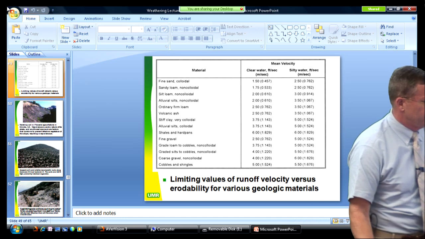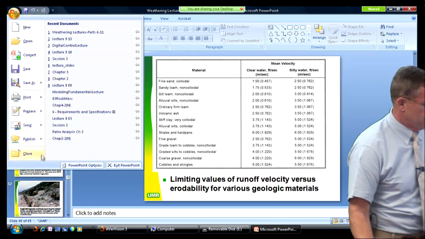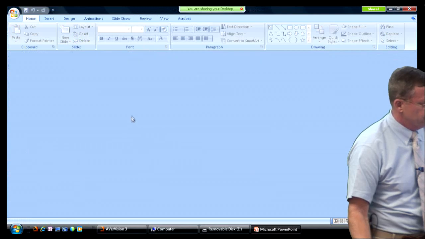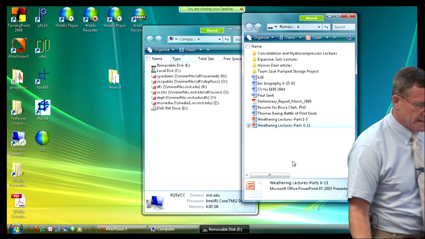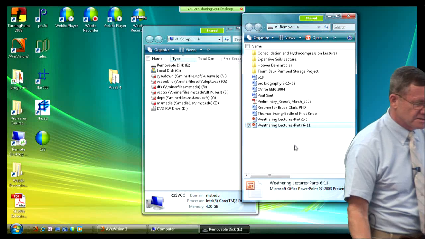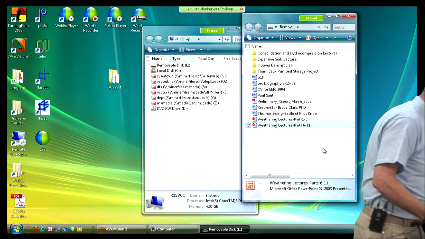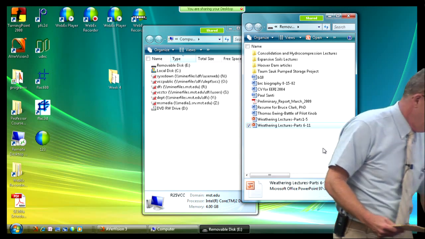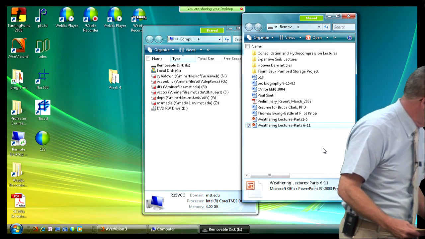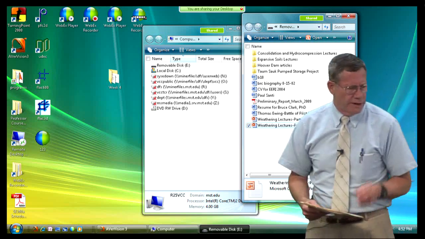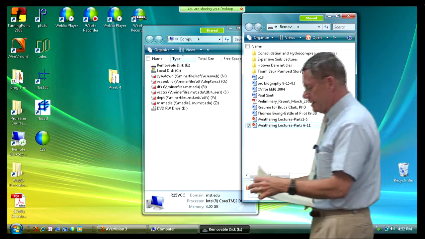Let's see if I have it on my thumb drive. Okay, we're going to close this. Oh, I forgot to bring it. Sorry. All right, we'll move on. I'll bring it in next week, and we'll look at it at that time.